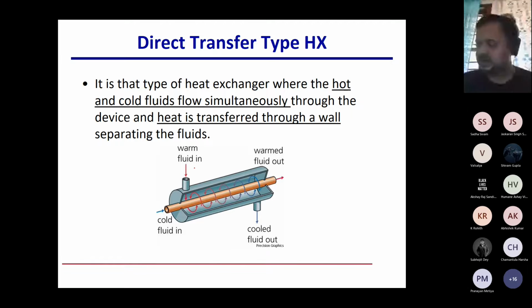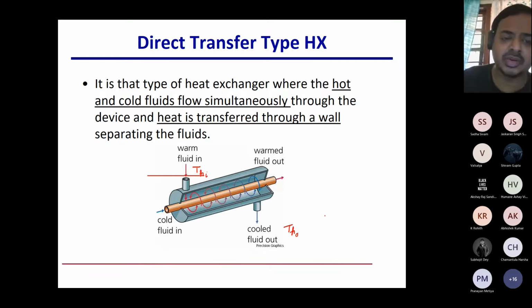So as you can see, this is my hot fluid, and these are nomenclatures that we are going to use very often. THI, hot inlet, and this is THO, or sometimes THE, either outlet or exit, whichever way we define it.